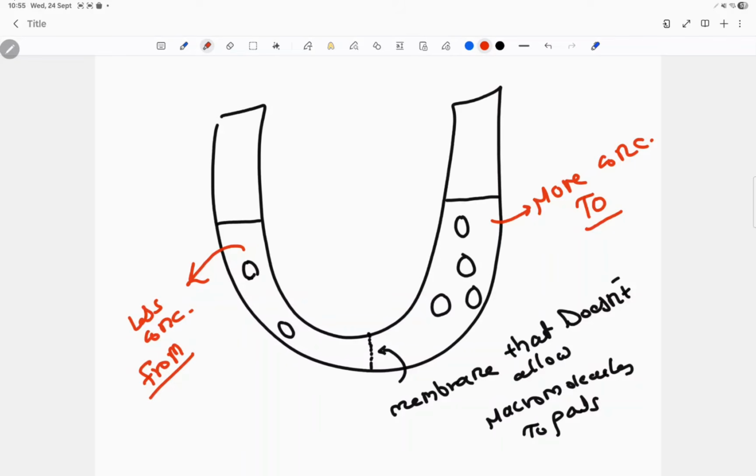So water is going to diffuse, and the level of the water on the left side will drop, and the level on the right side will increase until both sides reach equilibrium. The point is, wherever we have fewer macromolecules, you must have less water, which is the left side. Wherever you have more macromolecules, you must have more water, which is the right side.